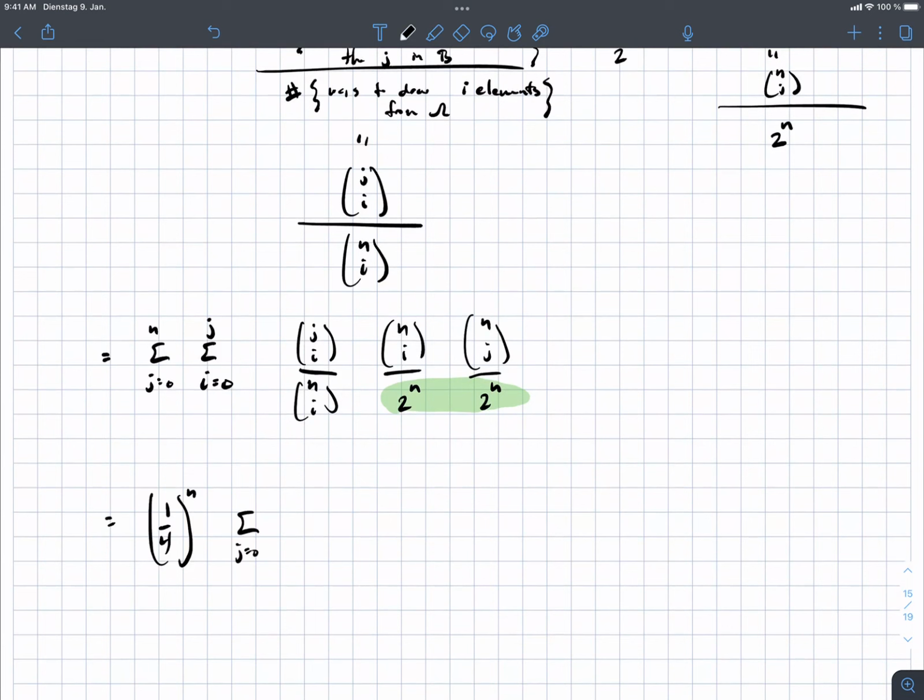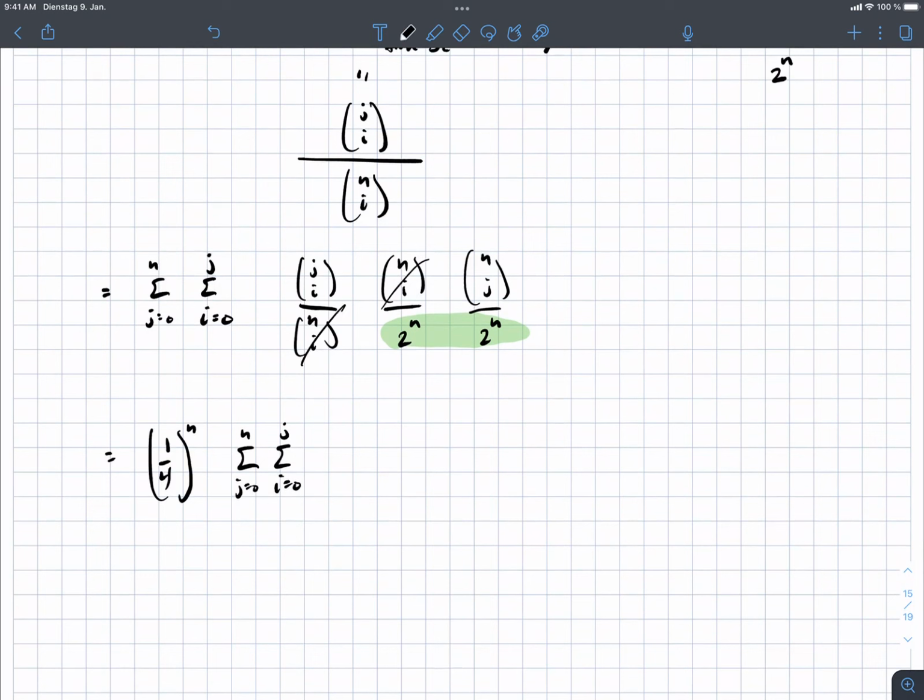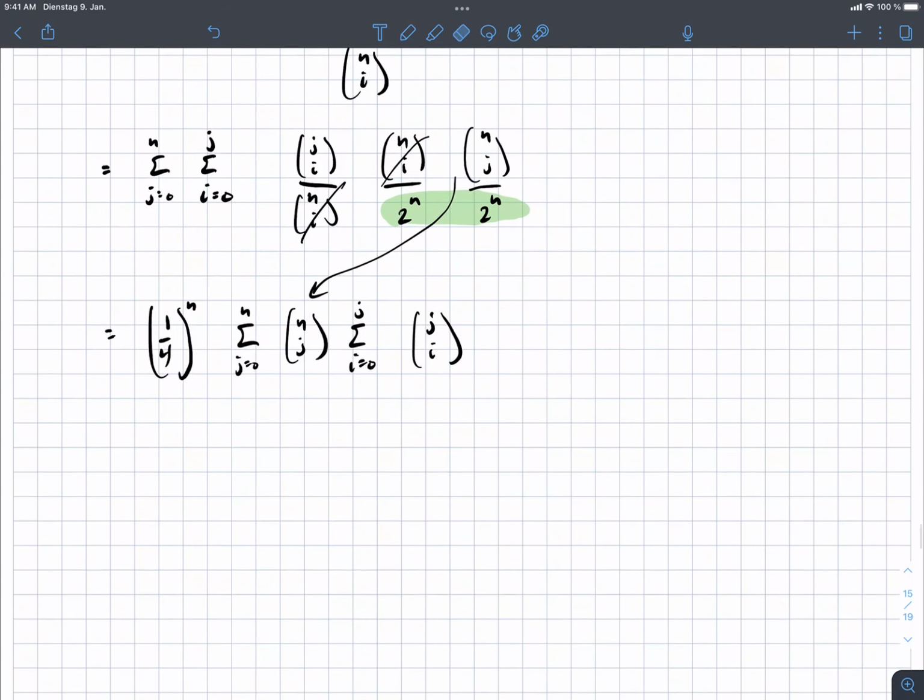Writing my sum again, I equals 0 up to j. I've got a cancellation here. I can move this n choose j over here since it doesn't have an I in it, and I've got j choose I. Okay, so now how do we make sense of this mess?